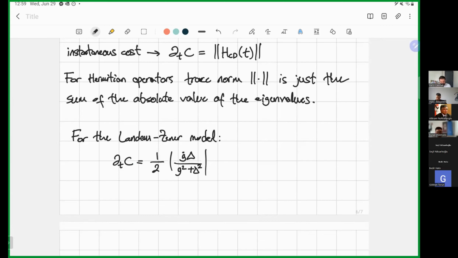So this is in general what you get as the energetic cost of this driving, at least the instantaneous energetic cost of this driving.